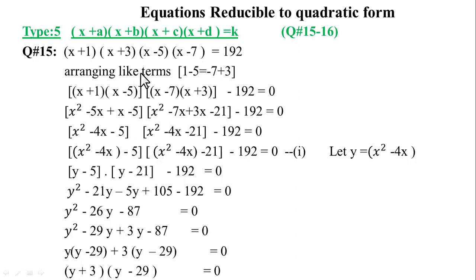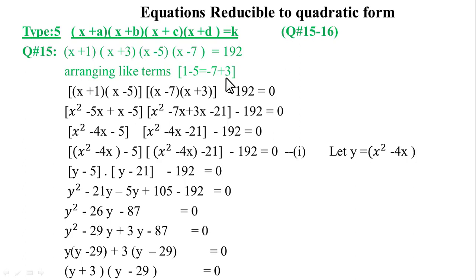So arranging the like terms from the above equation, 1 minus 5 is minus 4 and also minus 7 plus 3 is minus 4.